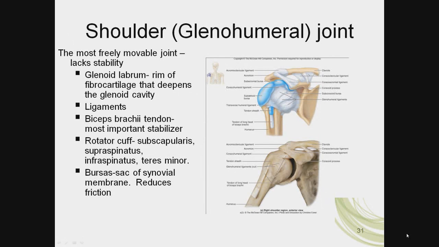It permits the greatest range of motion, and as you saw from the previous slide, the greatest range of motion means you have the least stability. So it's the greatest range of motion of any joint in the body. And so it is also the most unstable joint in the body and the one most frequently dislocated.